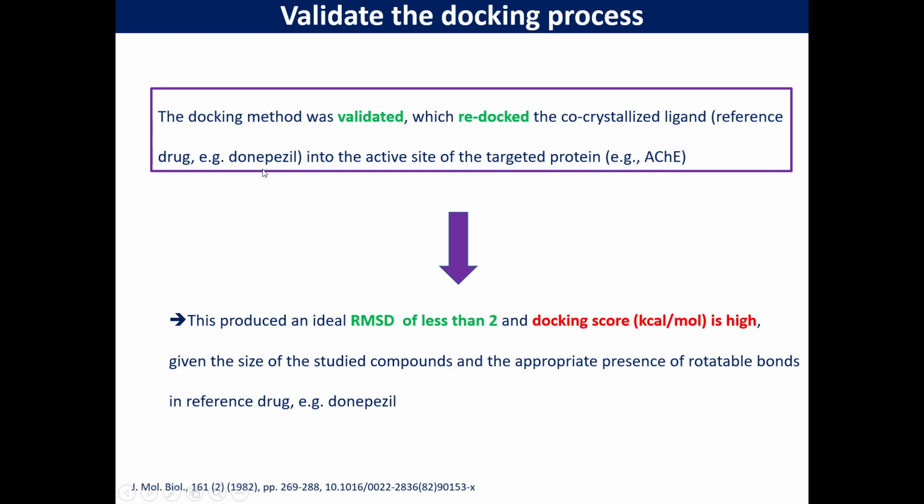So you need to compare your targeted ligand compounds in the same active site of the targeted protein. After you run it, you need to choose the model with an RMSD less than 2 and a high docking score compared with other models, and it means that your compound is similar to the reference drug.